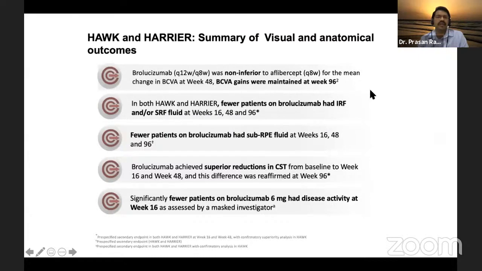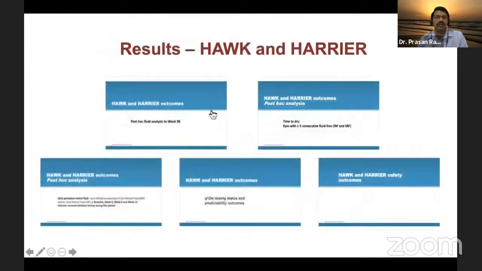The best corrected visual acuities with brolucizumab were maintained at week 96, and fewer patients had intraretinal and subretinal fluid, and fewer patients had sub-RPE fluid when treated with brolucizumab at week 16, 48, and 96. Brolucizumab also had superior reduction in CST, and fewer patients on brolucizumab had disease activity at week 16. So this was a head-to-head comparison with similar dosing of brolucizumab and aflibercept.